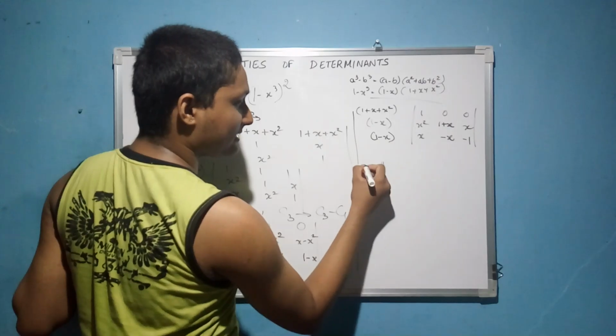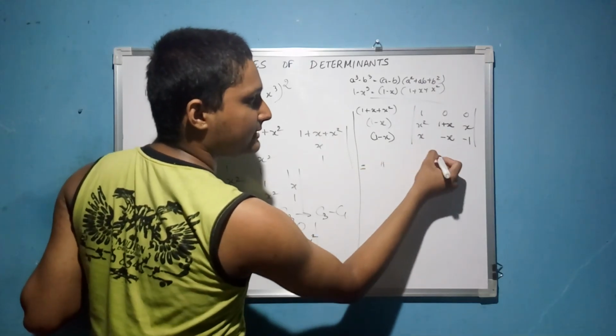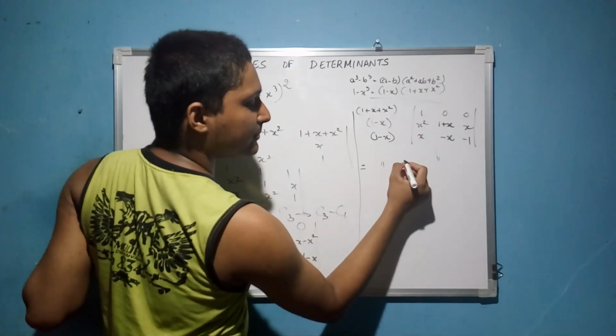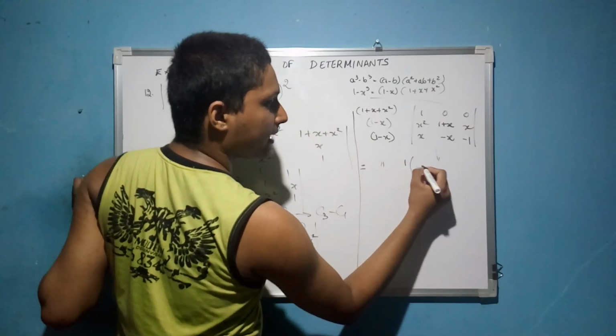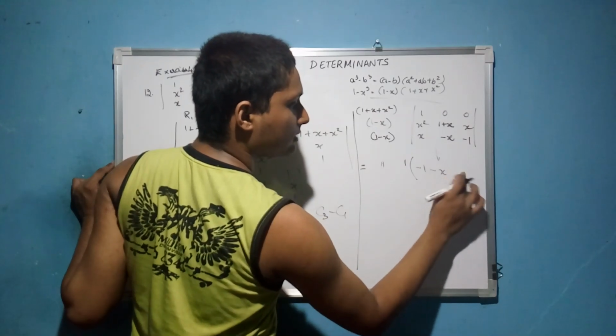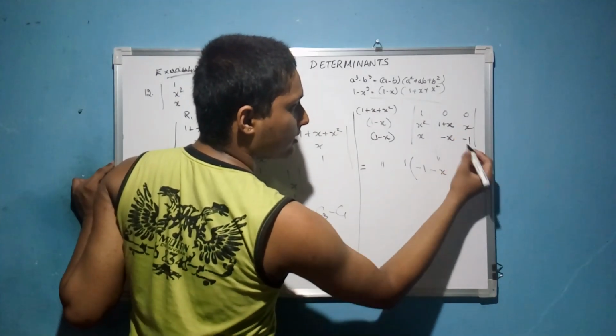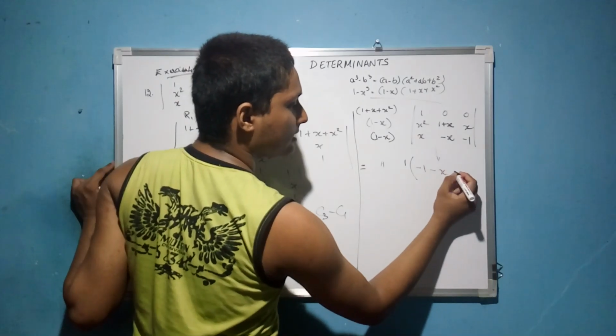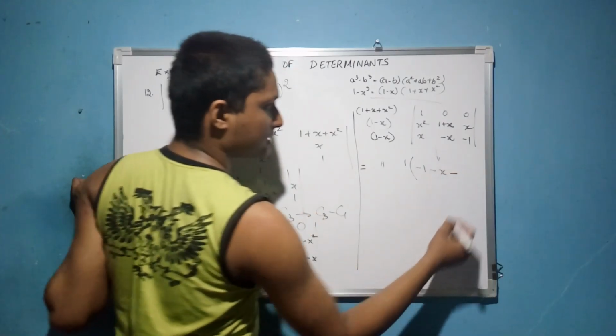So I'm not going to write the factors again. So I'm just going to expand this determinant. So this determinant becomes 1 into minus 1 minus x plus, see, minus 1 minus x, minus of minus is going to be, here it has to be plus only.